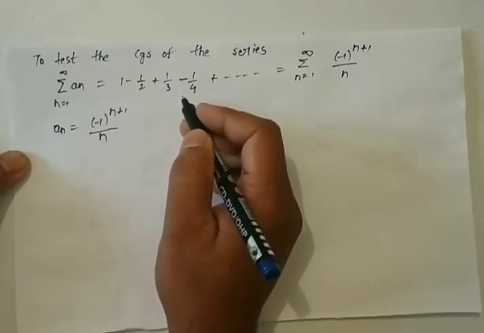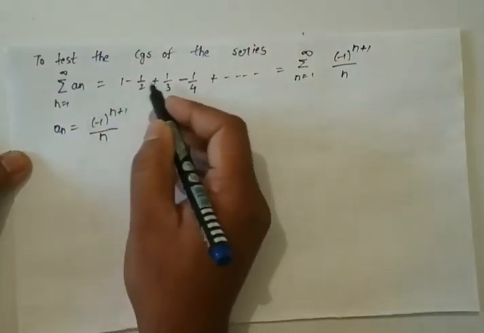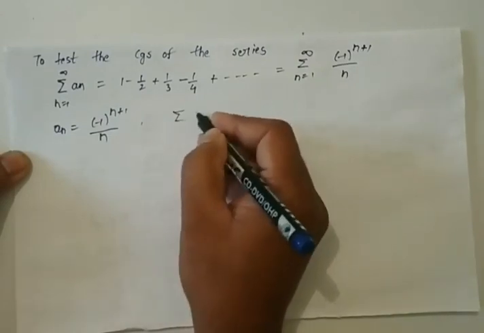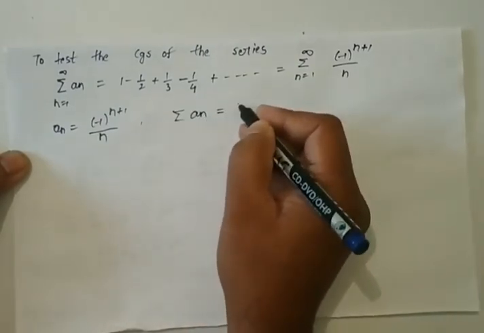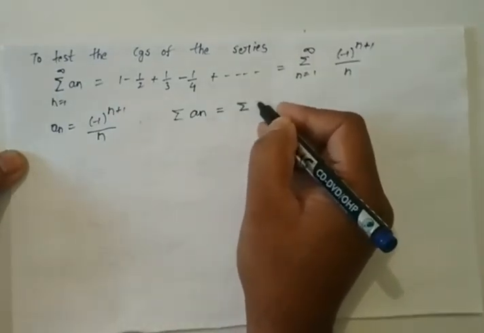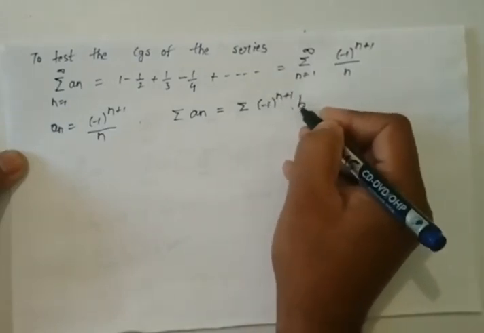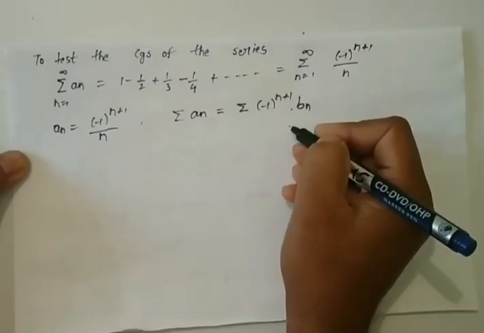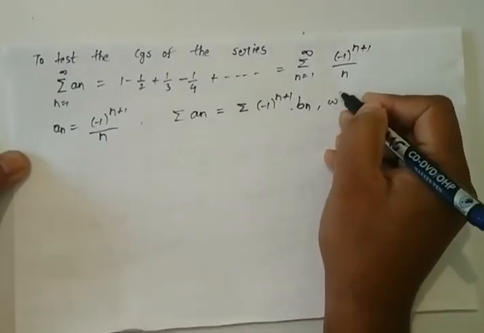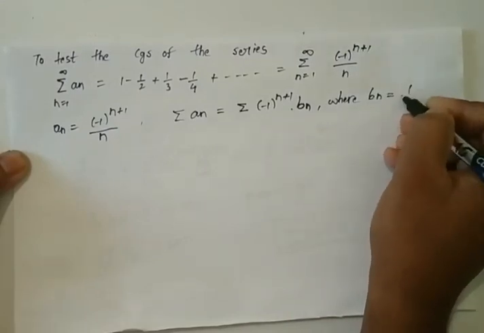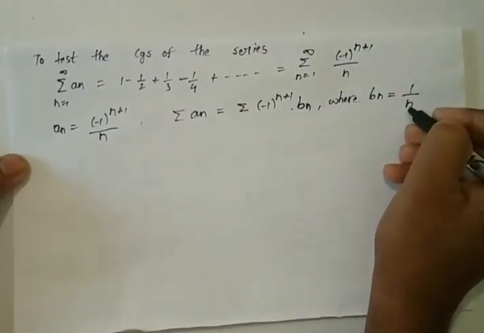The given series, summation An, can be written as summation minus 1 whole power n plus 1 into Bn, where Bn is equal to 1 by n.